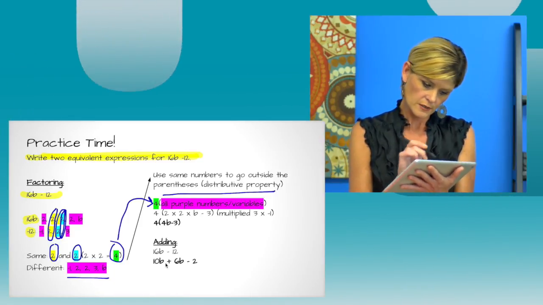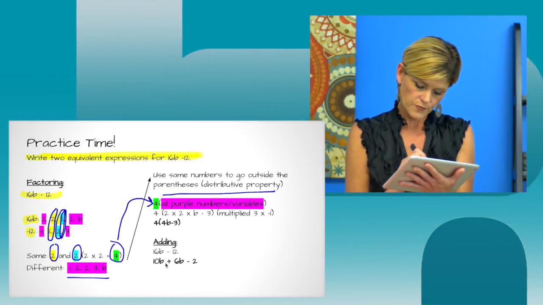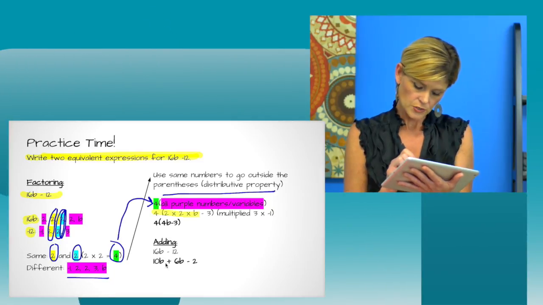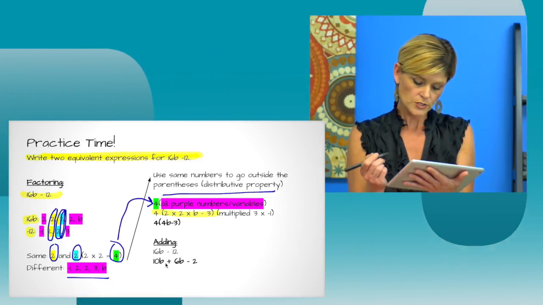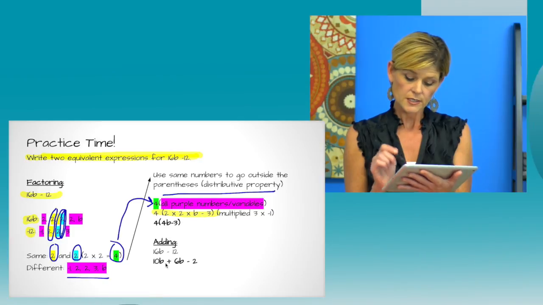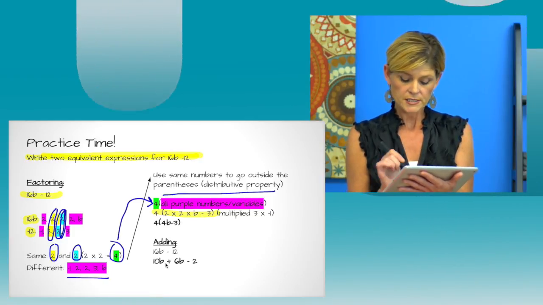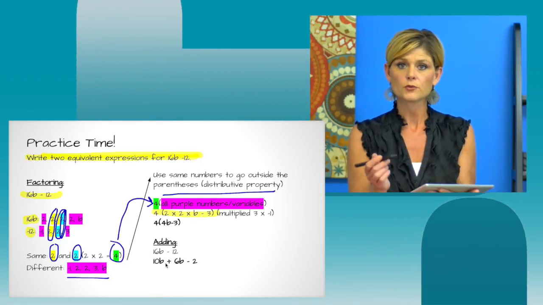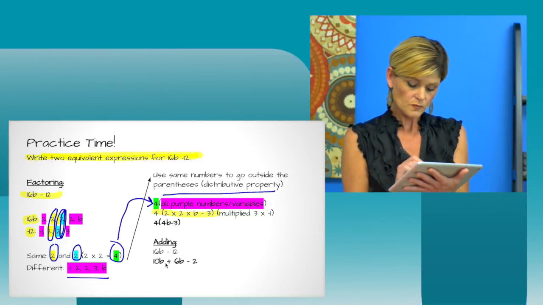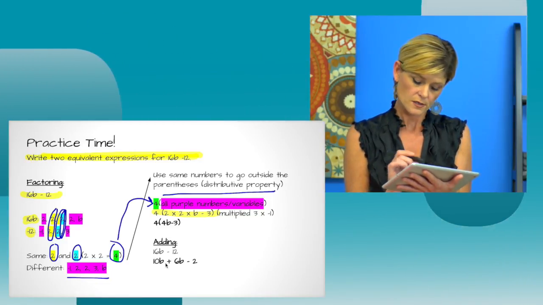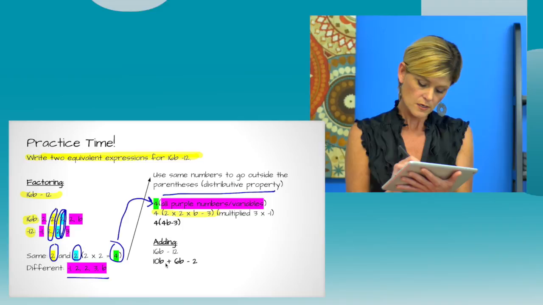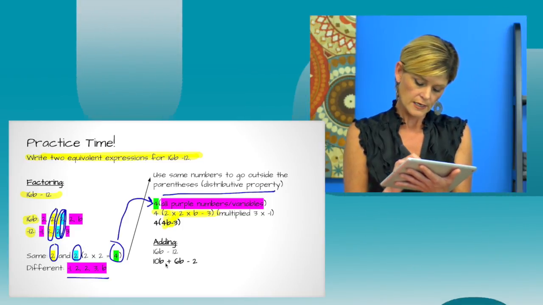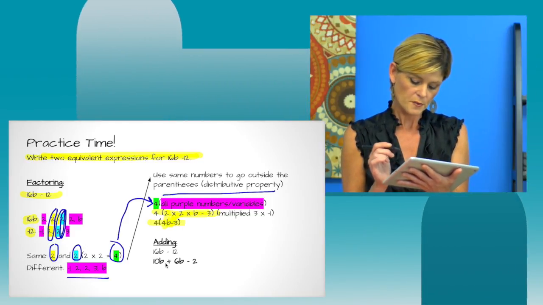Now I plug those in. Now I'm over here. 4 times 2 times 2 times b times minus 3. To get the minus 3, I just multiplied the 3 by a negative 1. And then once I solve within the parentheses, I get 4b minus 3. And it comes out to 4 times 4b minus 3.